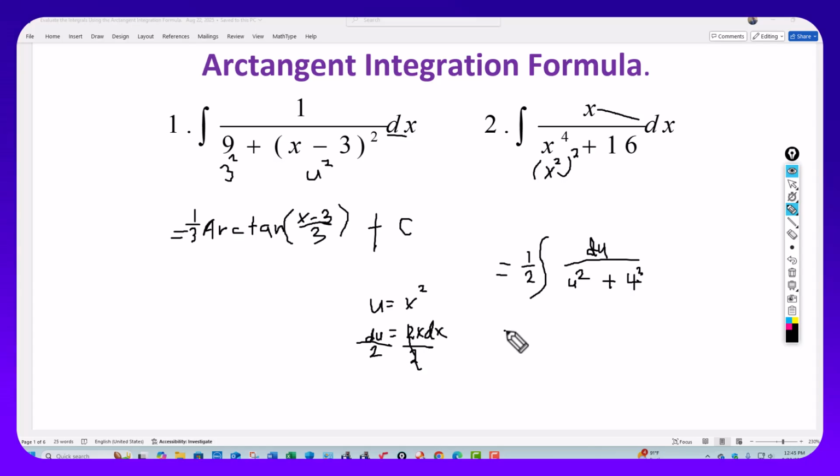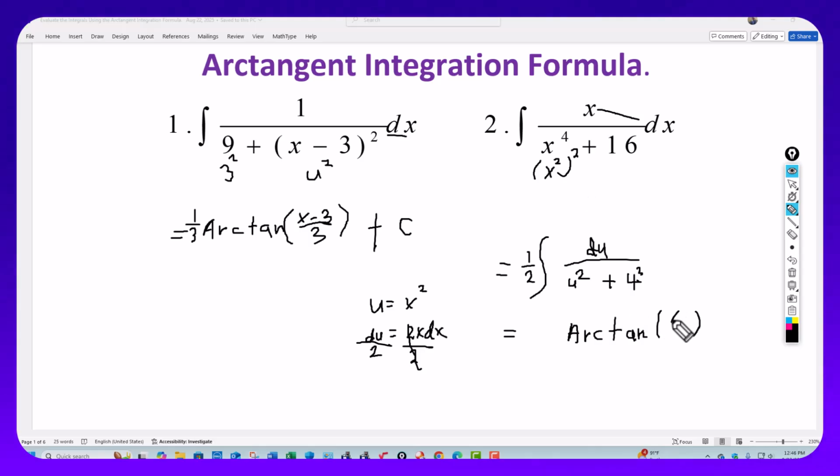From this, we can go directly to the formula. Just ignore the constant in front, and look at this part of it here. Integral of du over u squared plus 4 squared. According to the formula, this is going to be arctan, and this would be u over a. And let's go back to the original variable. So u, in our case, is x squared.